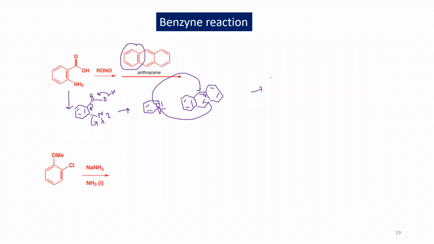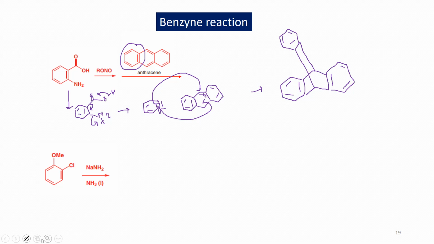and our desired product is, so there will be a double bond at this place. From these two centers, another benzene, that is a phenyl ring, will be connected.